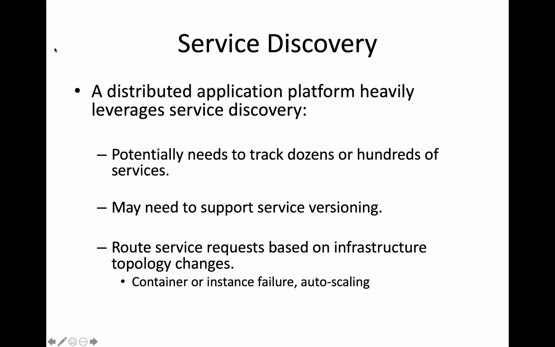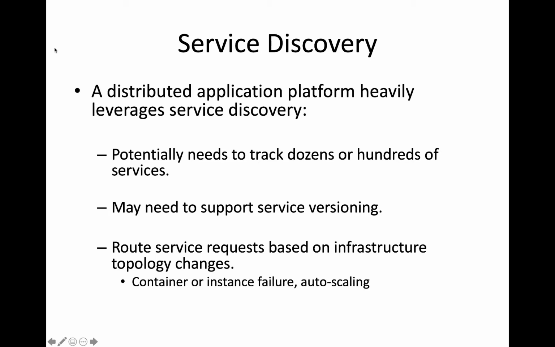And any sort of platform that leverages a multitude of services, especially a microservices based architecture, will need to implement some sort of service discovery mechanism because these platforms may need to track potentially hundreds of different services. You might need to be able to support the versioning of services.